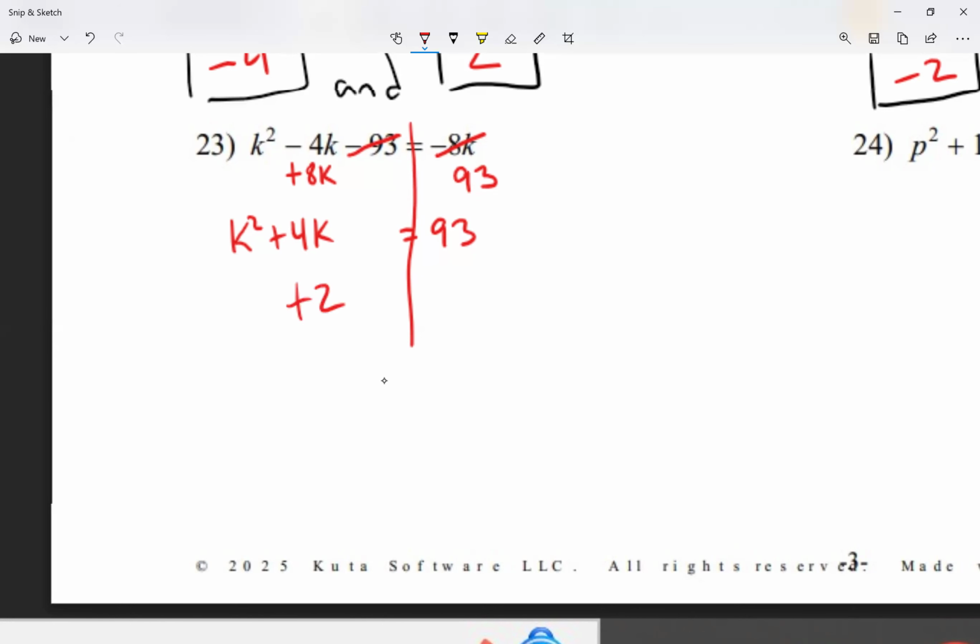And I'm even going to write it down because I'm about to use it. What's 2 squared? What's 2 times 2? Well, 4. So let me add a 4 to both sides. So that's going to give me that k plus 2 squared is equal to 97. Right? Because 93 plus 4 is 97.